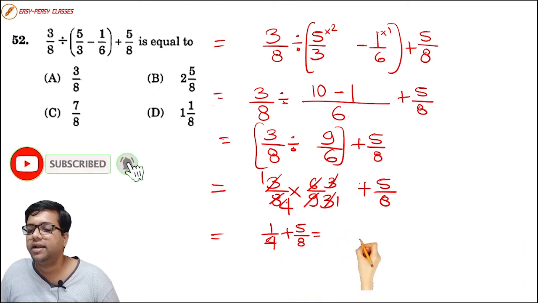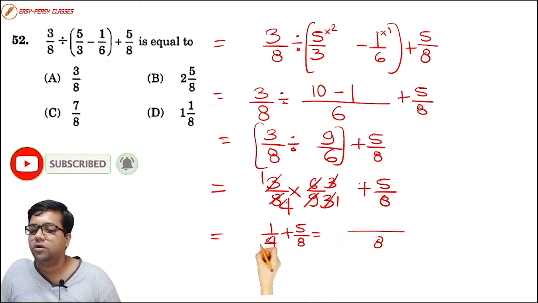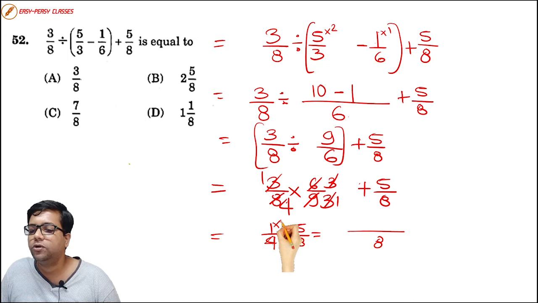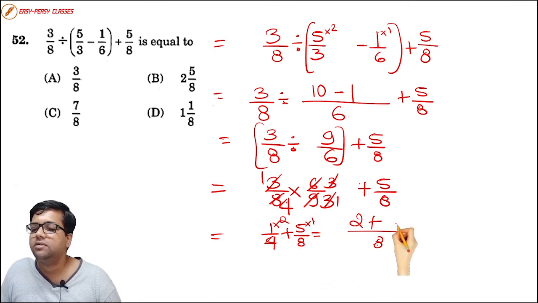Oh, sorry, 4 and 8. It is 8. So how many is 8? 4 2s is 8. So 1 2s are 2 plus 8 1s are 8, 5 1s are 5 on the numerator. 2 plus 5 is 7. 7 by 8 is our answer.